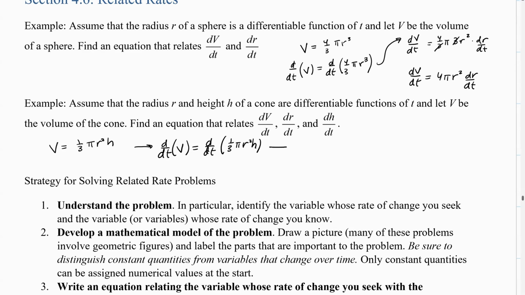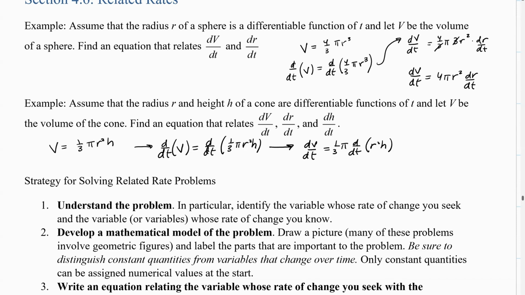And what happens next? Well, I certainly get dV/dt. I certainly have a constant that can get pulled out. What am I taking the derivative of with respect to time?